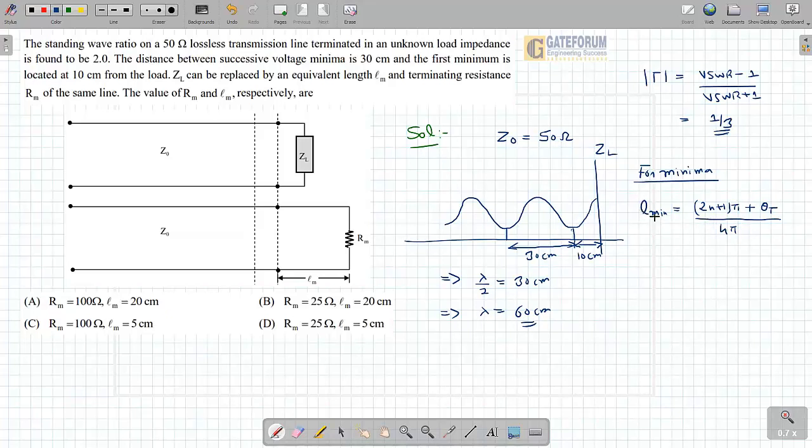I can substitute L min is given as 10 centimeter.